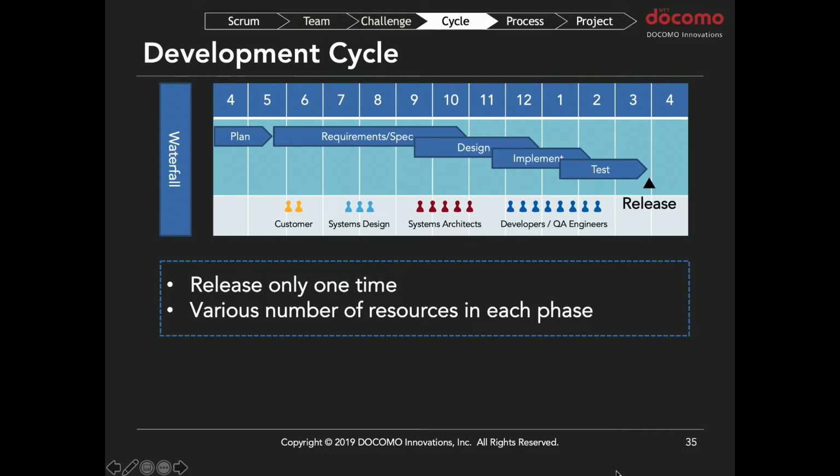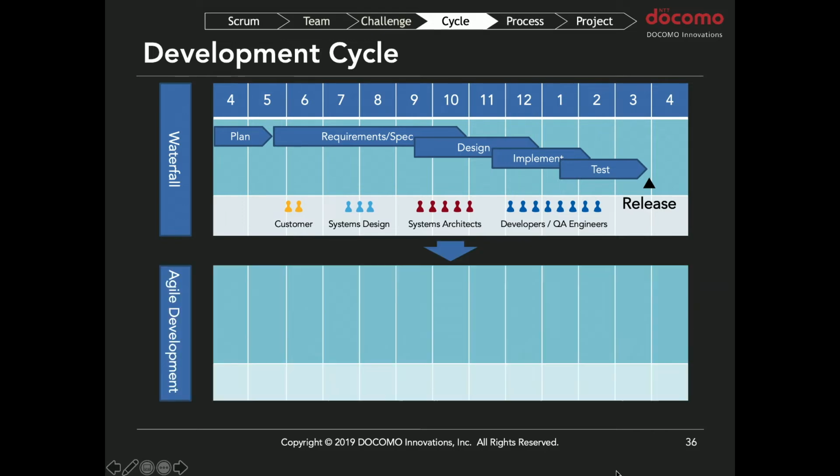And then in the implementation and testing phase, we have lots of people, and we will ask the sub-partners. So that is the waterfall model. The problem is we have only one release after a long time.